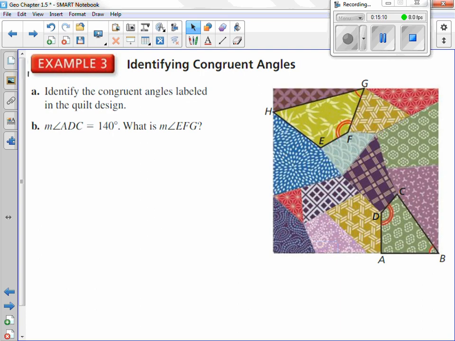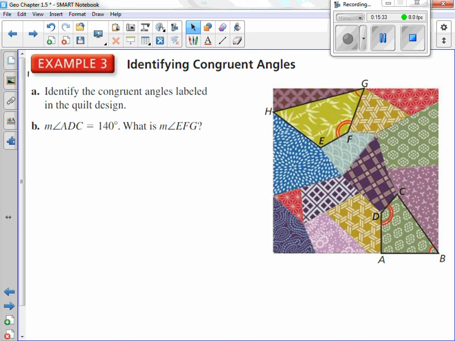It might be hard to see on your paper, but if you look really closely, do you see those little red arcs or the little double line things? I mentioned this, I believe, in 1.3, one of the videos. I talked about the little hash marks on a line, where if you have those little small marks on a line, it signifies they are congruent. That's the way we signify with lines.